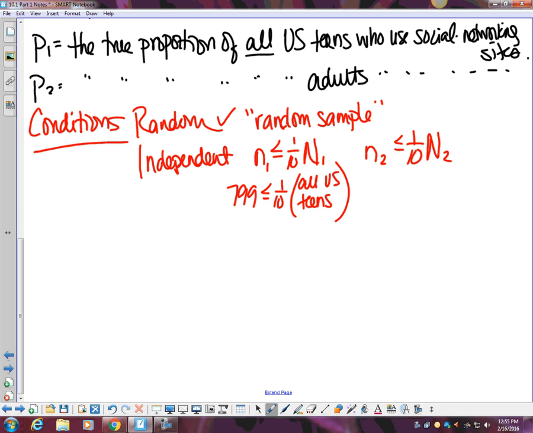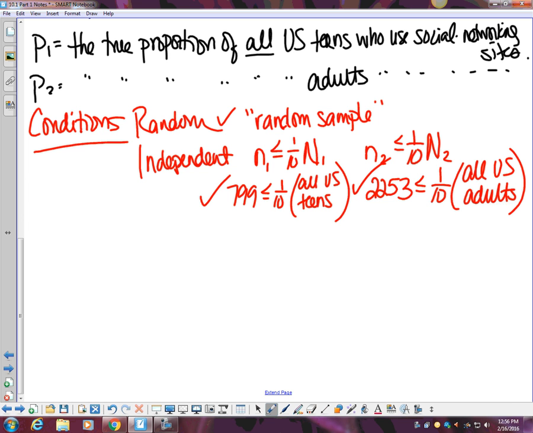This is out of all U.S. teens. So that would mean that there would need to be 7,990 U.S. teens, and yep, I think we're good there. Adults, there were 2,253, all U.S. adults. And that would mean there'd need to be 22,530, and I think we're good there for the United States.